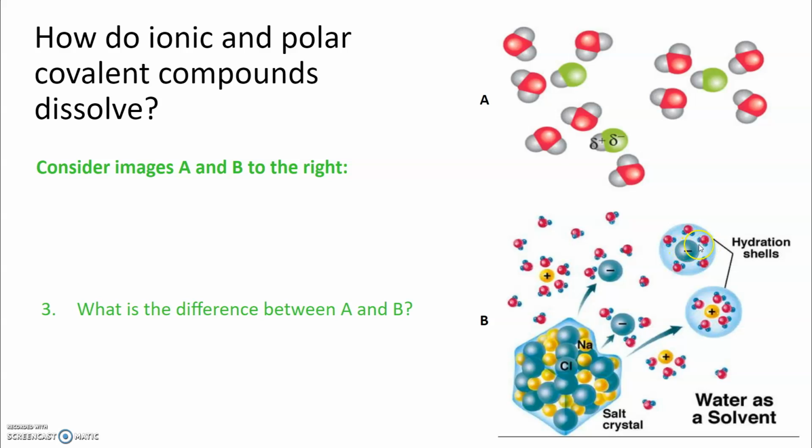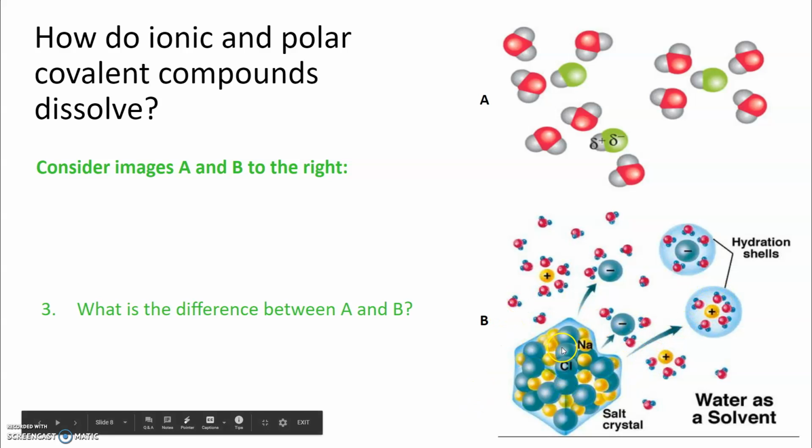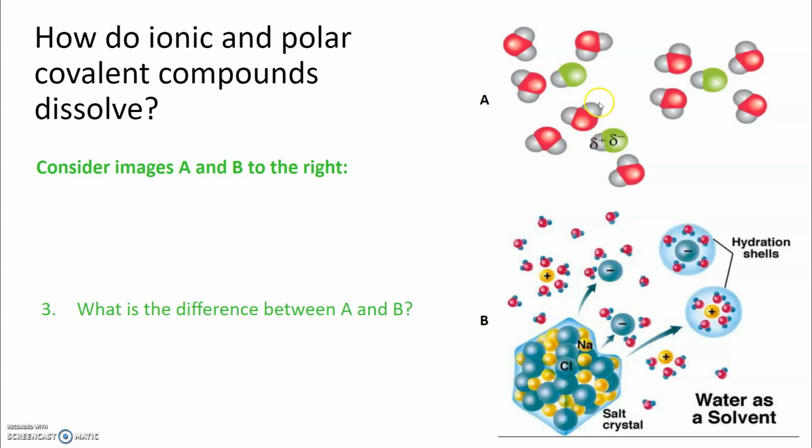So the negative ion gets surrounded by water and the positive ones get surrounded by water. The difference is that in image B, the salt is getting broken up, right, into individual ions or individual atoms. But in image A, the molecule, the green and gray molecule, stays together.